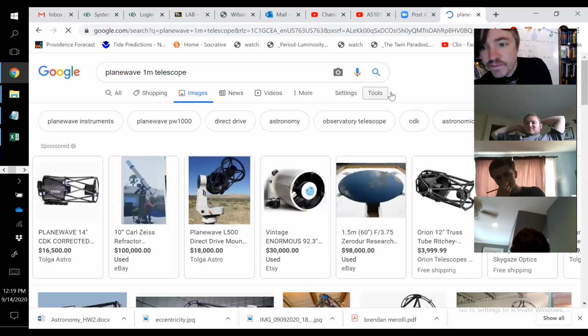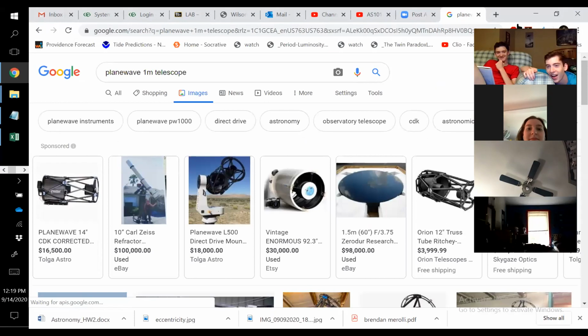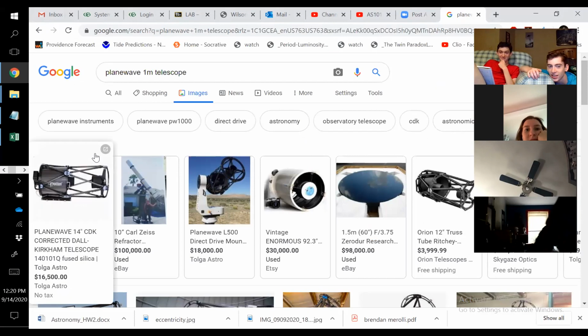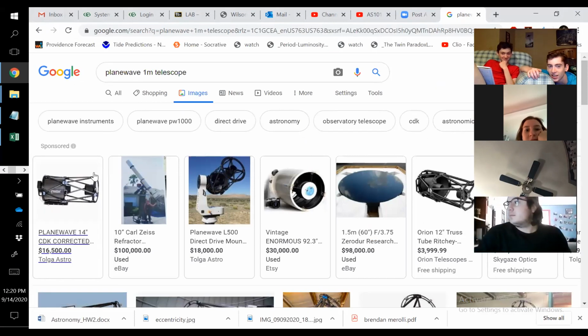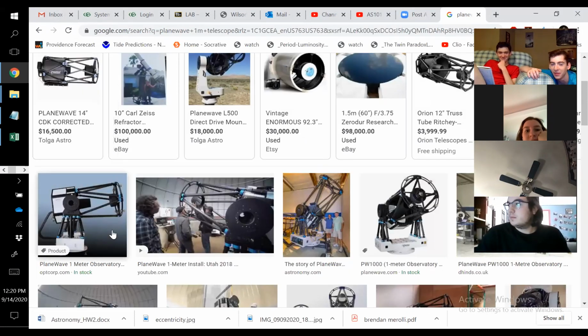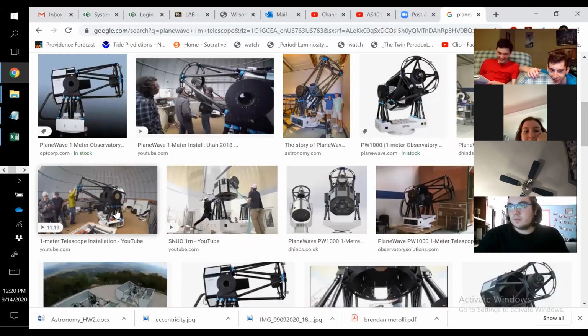Because, first of all, it has a giant mirror in it that someone needs to polish to a very precise shape, to a fraction of the wavelength of optical light. So you need a very precisely polished mirror, and it is a masterpiece of engineering. It may not be obvious to you guys just how big this thing is.